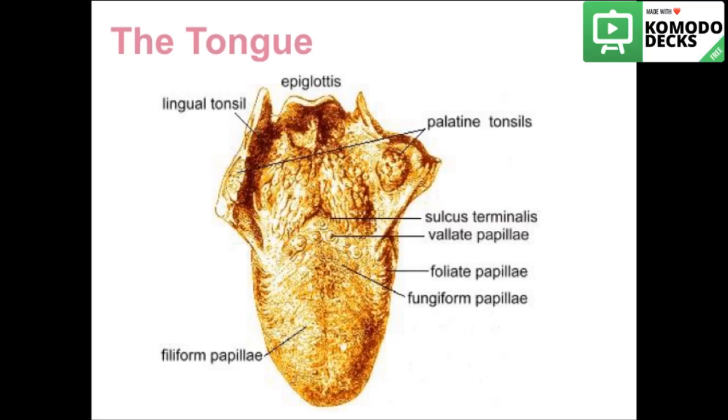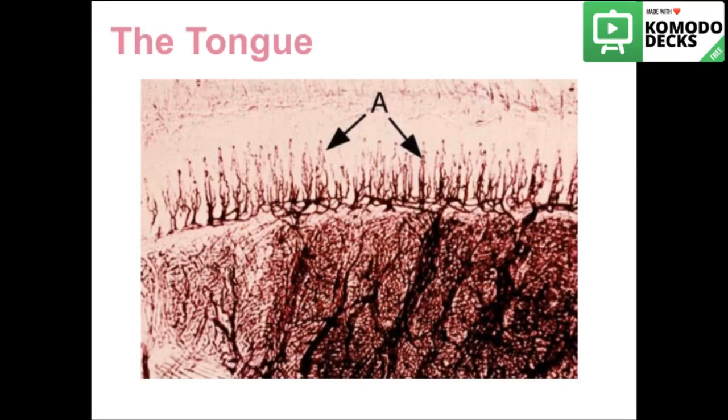The tongue is divided into an anterior two-thirds and a posterior third that is lymphoid tissue, and it is distinguished from the anterior papillary part by the sulcus terminalis. This is a demineralized section of the ventral surface of the tongue, which is known to be highly vascular.